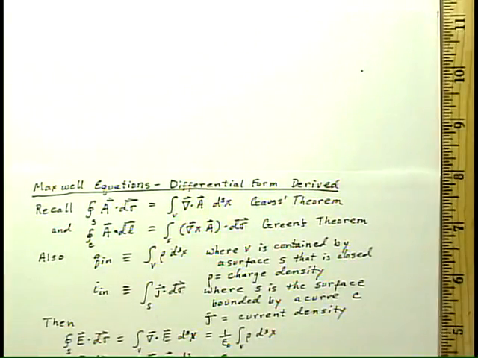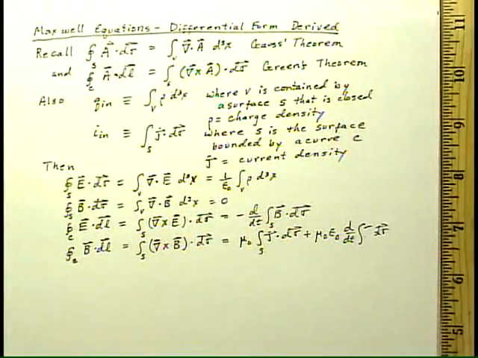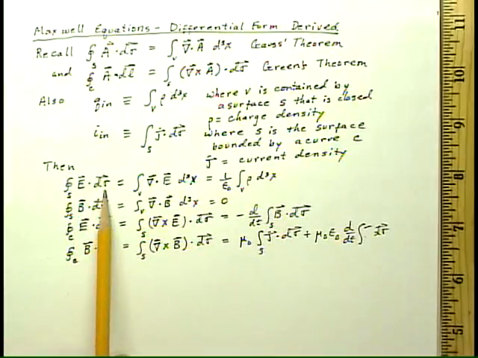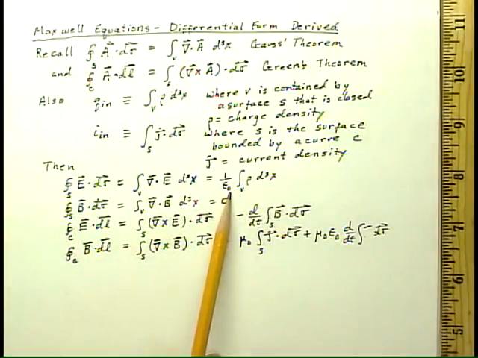With that behind us, we can now begin to rewrite the integral form of Maxwell's equations as follows. First of all, you'll recall from our last equations that the integral over a closed surface of E dot d sigma is equal to the charge inside over epsilon naught.